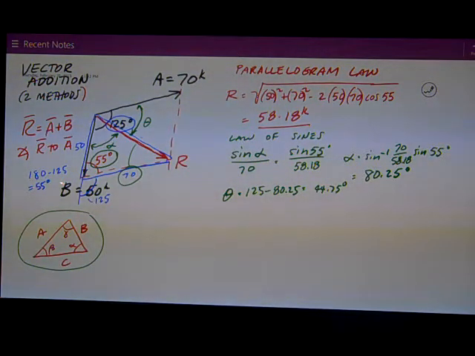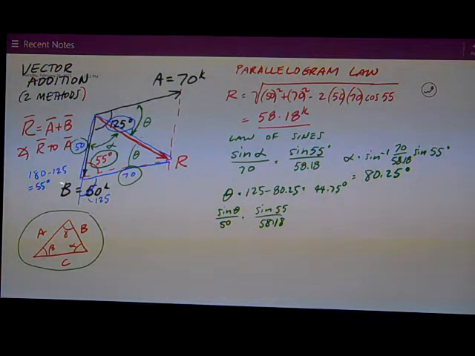Now, as I said, by the law, once again, of parallel lines intersected by a transversal, this angle is also theta. So I can check my work by taking the sine of that angle, theta, divided by the side opposite, the 50, is also equal to the sine of 55 divided by 58.18.